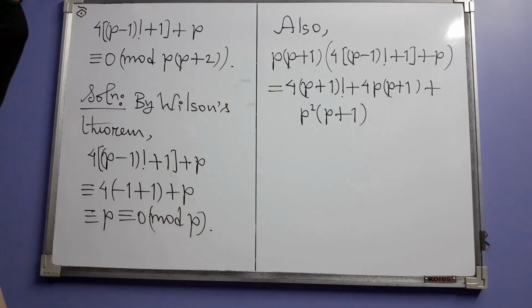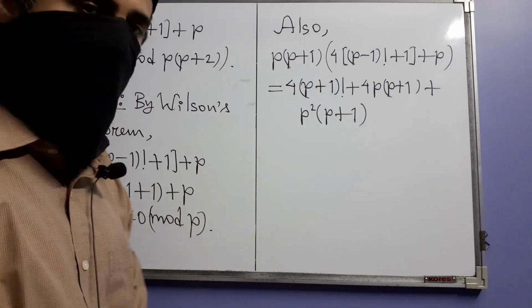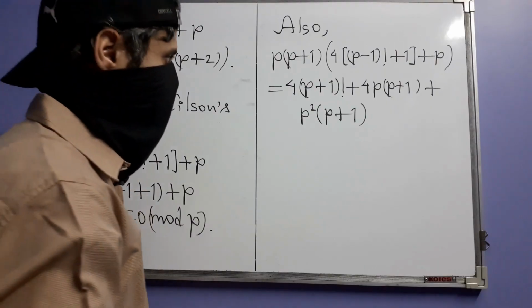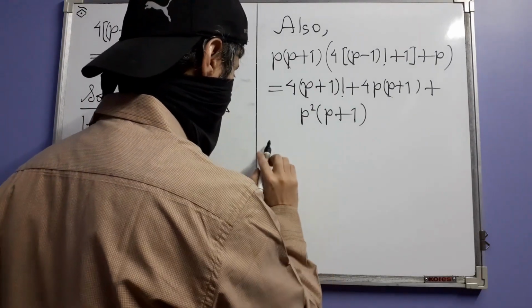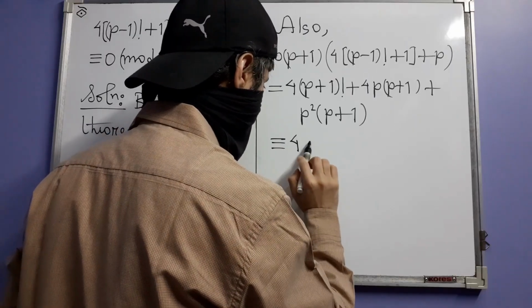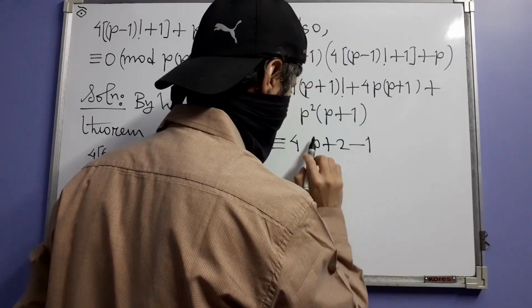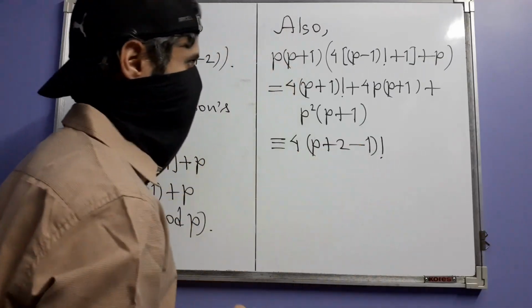Alright. Now let us bring in the modulus p plus 2. Things have changed a little bit and now we can see a pattern here, because p plus 1 is p plus 2 minus 1 factorial.